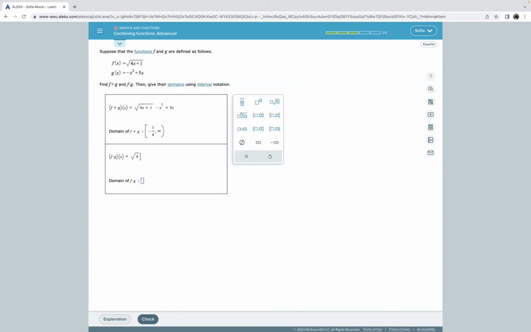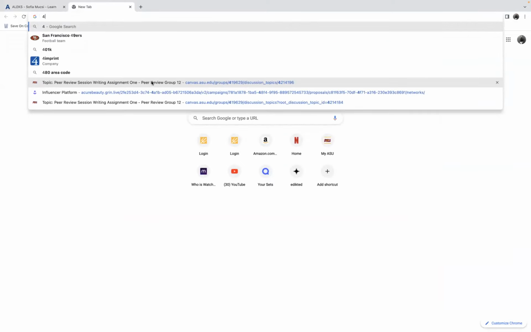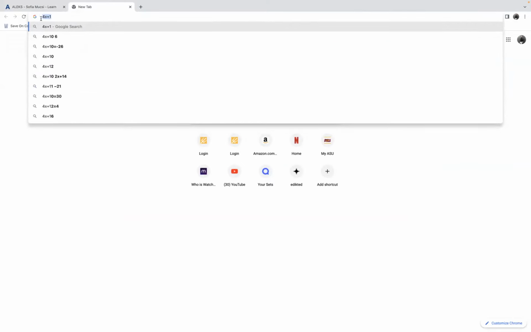So maybe put it in parentheses first. Yeah, my X key still isn't working. Try typing it in another window, just type in like 4x plus 1 and copy it over, lowercase x, and just see if you can copy that in.